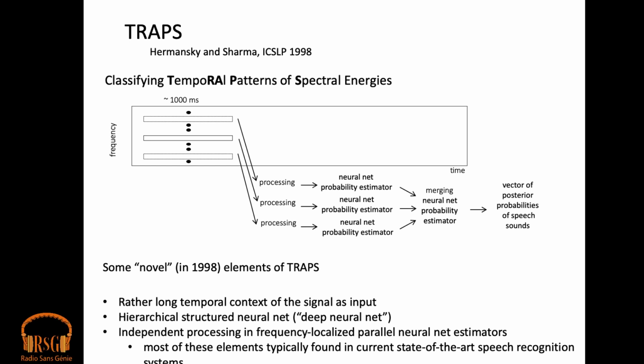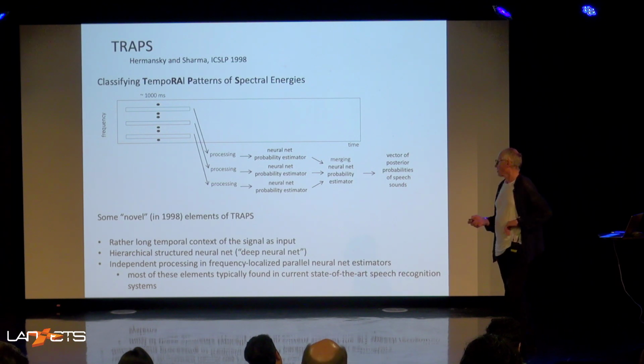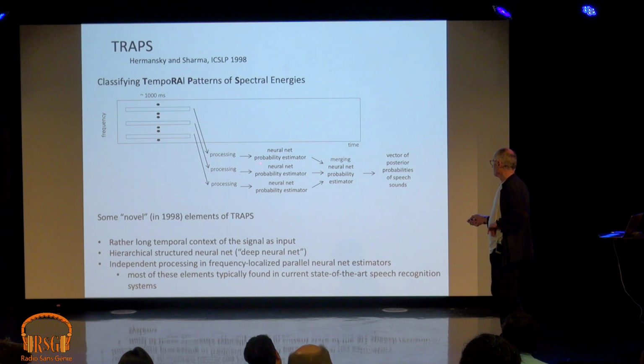And I'd like to point out that actually there were quite a number of very innovative concepts at the time in 1998. For one, we were using quite long segments of speech, 1 second. Then there was some hierarchical structure built here. So the first level was classifying sounds based on these individual frequency bands, and then we would be fusing the things by another net.